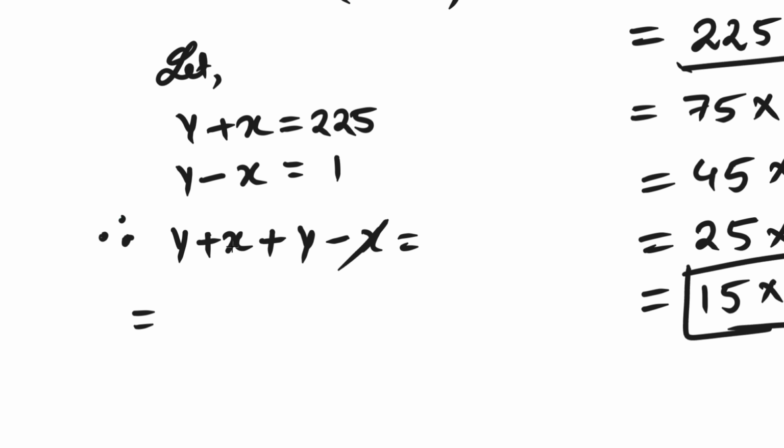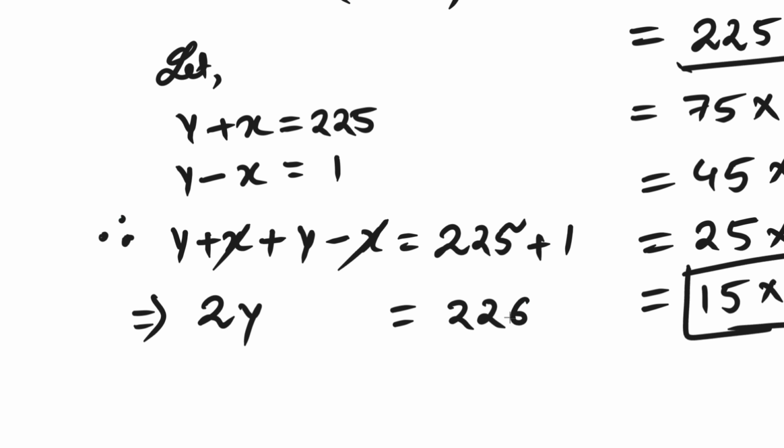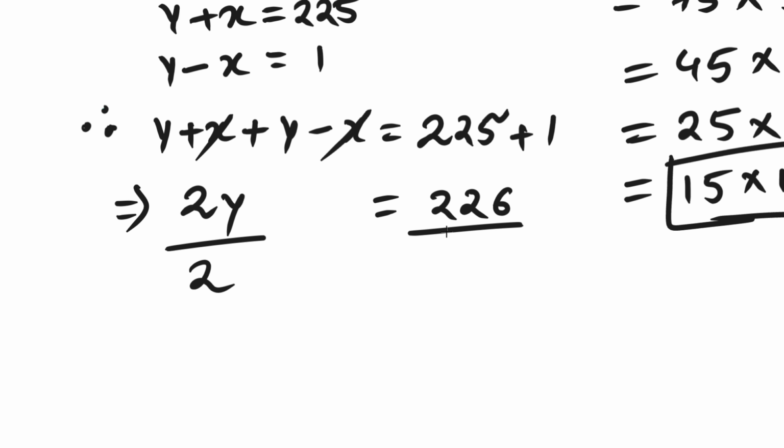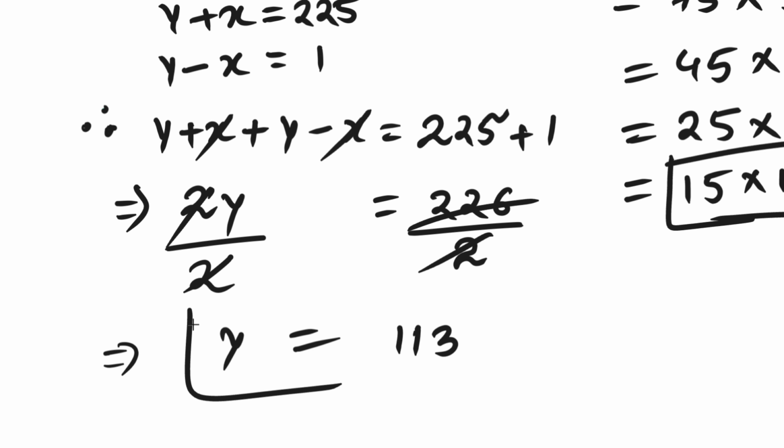The positive x and negative x cancel each other, leaving 2y. On the right, we have 225 plus 1, which equals 226. So, we get 2y equals 226. Divide both sides by 2, and we obtain y equals 113.